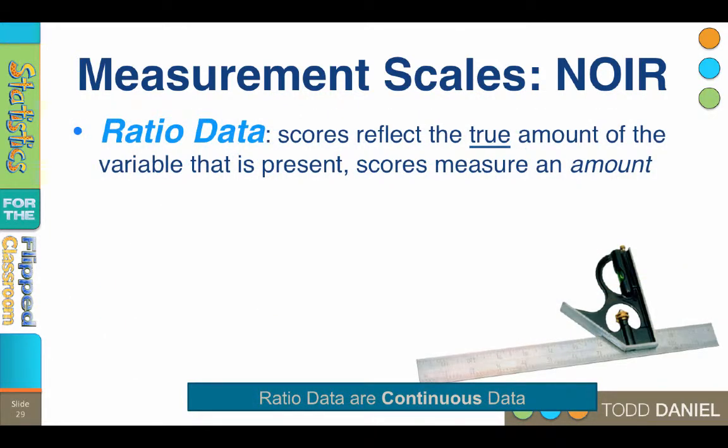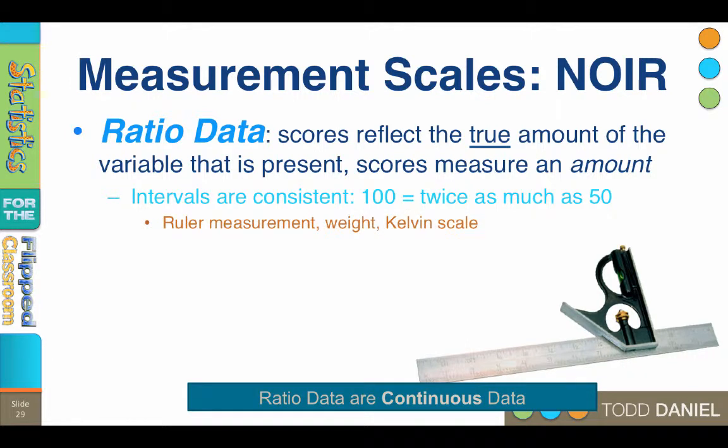Ratio data occur when the scores reflect the true amount of the variable that is present. Scores are said to be ratio if they are measuring an amount. The intervals in the ratio data are consistent. 100 is twice as much as 50. Examples of ratio data would include ruler measurements, weight in pounds or kilograms, amounts of money, or the Kelvin scale of temperature.